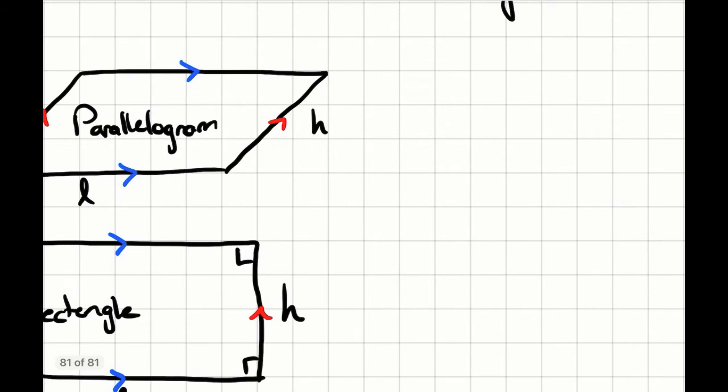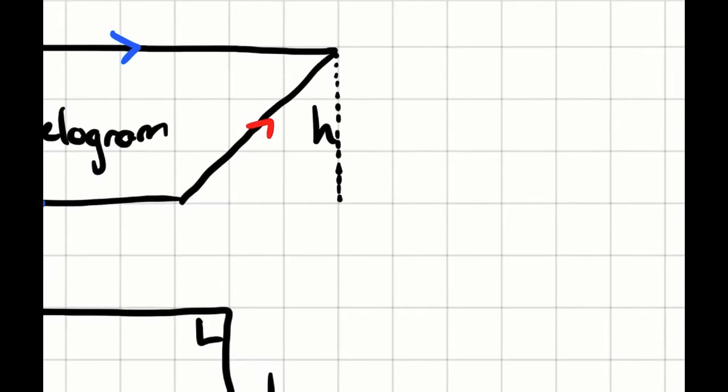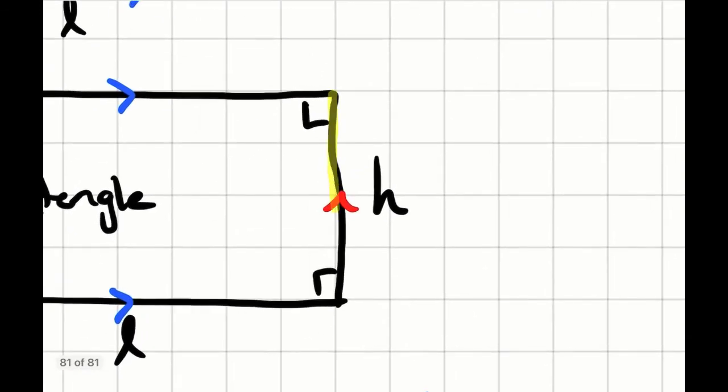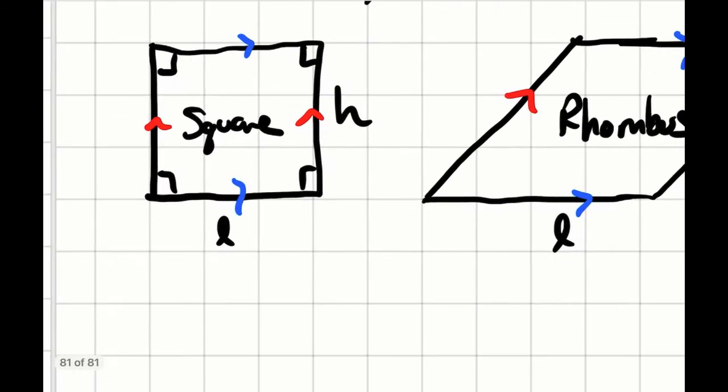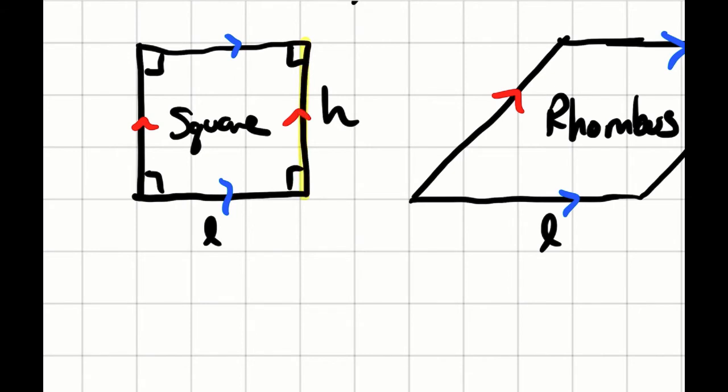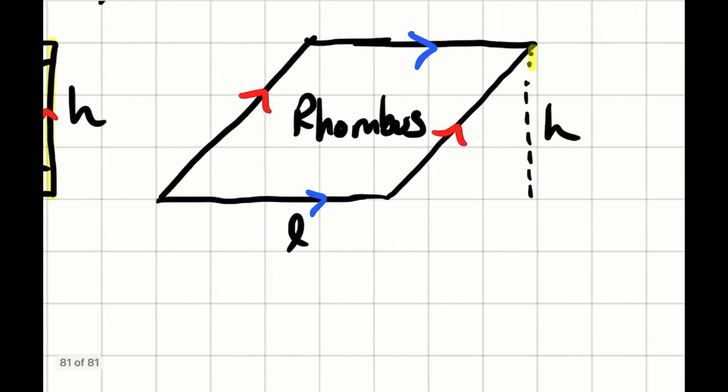Parallelograms are tricky in that when we're talking about the height, we're talking about the distance here. Okay, I'm going to highlight this distance, right here. Now, on a rectangle, that's just one of the sides. And on a square, it's also just one of the sides. But like on a rhombus, there actually isn't a side there.